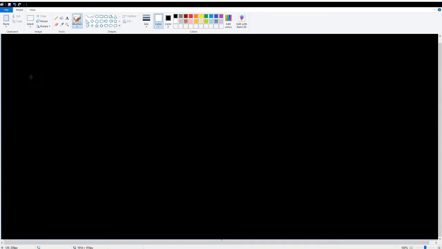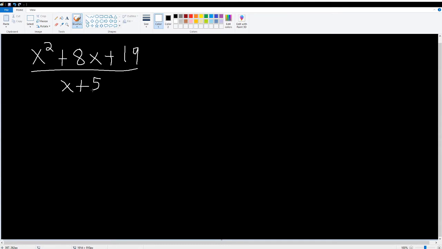So let me have this division problem, and it says x squared plus 8x plus 19, and this is all being divided by x plus 5. Okay, so what's going on here? x squared plus 8x plus 19 is divided by x plus 5, right? So what's the dividend? Well, it's x squared plus 8x plus 19, and the divisor is x plus 5.